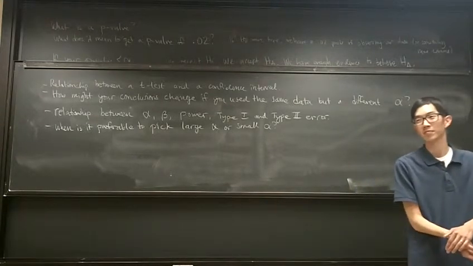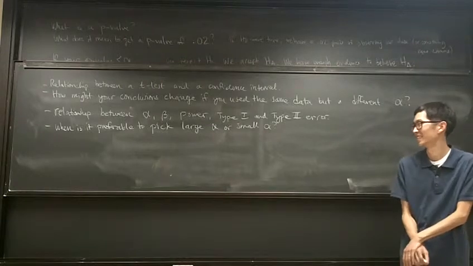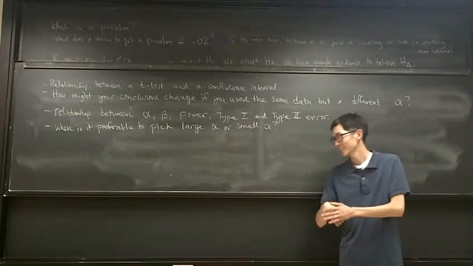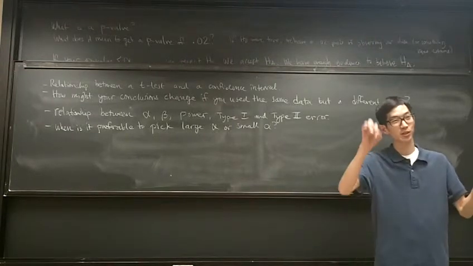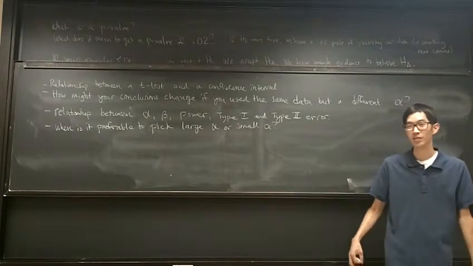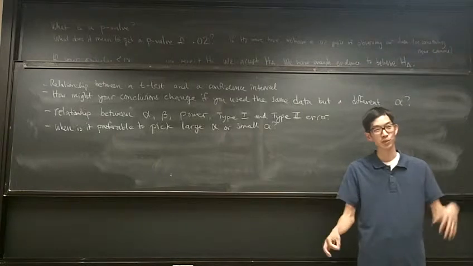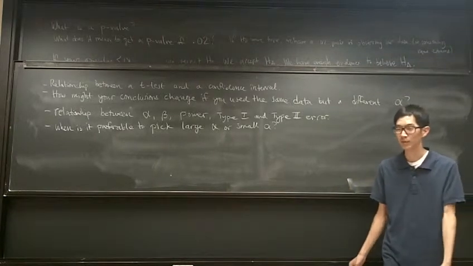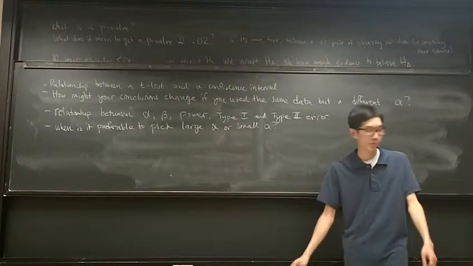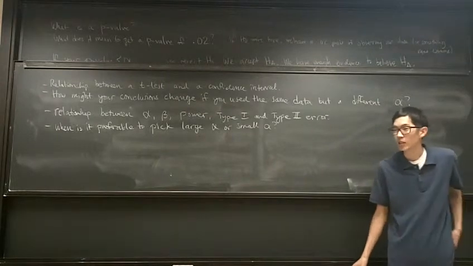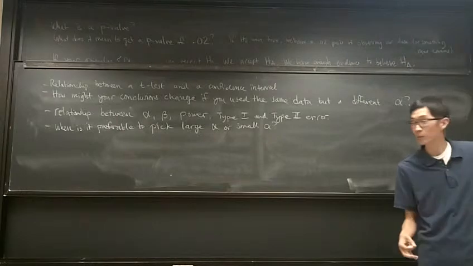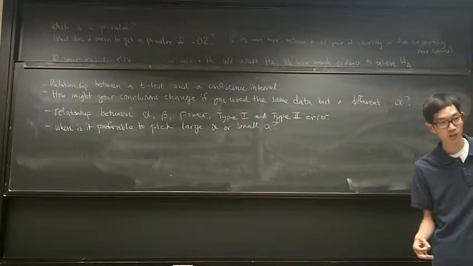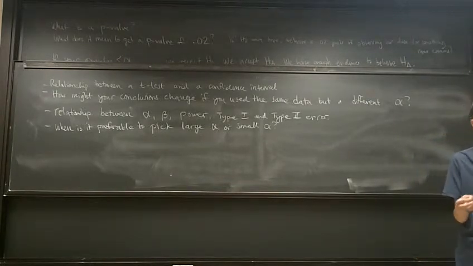We would rather be wrong, like the fire alarm. So we pick a large alpha when the type 2 error is worse than the type 1. And we pick a small alpha when the type 1 is worse than the type 2. I'm sorry, we pick a large alpha when the type 2 error is worse than the type 1 error.